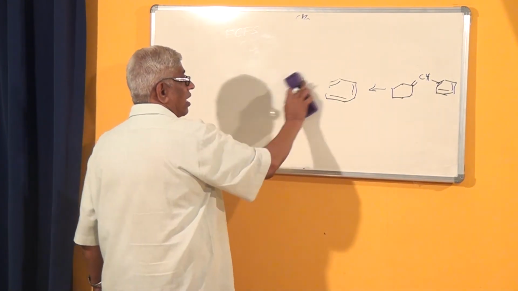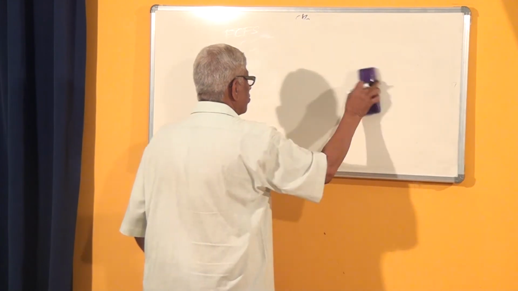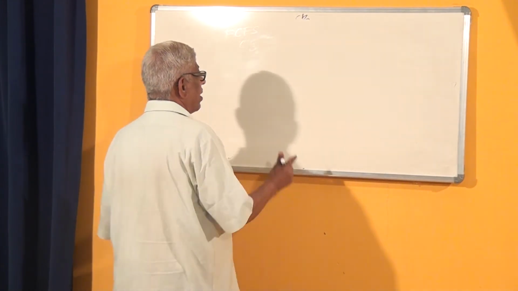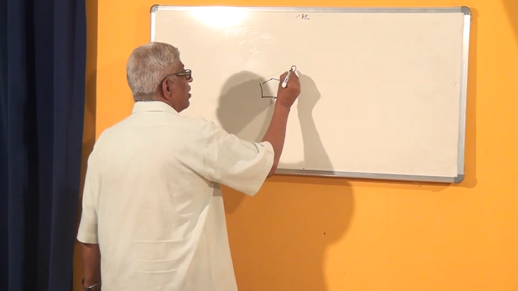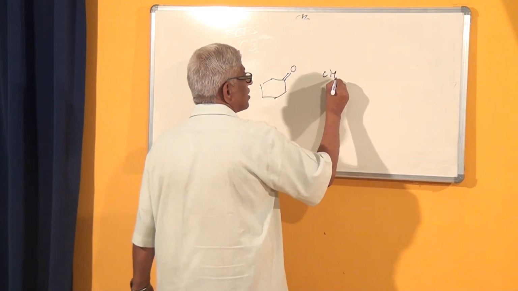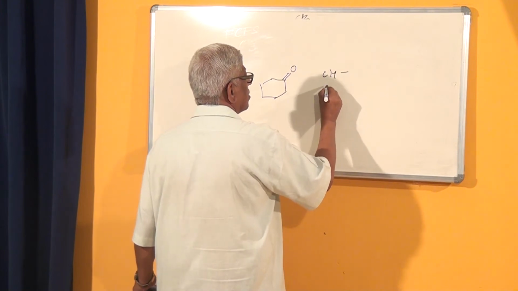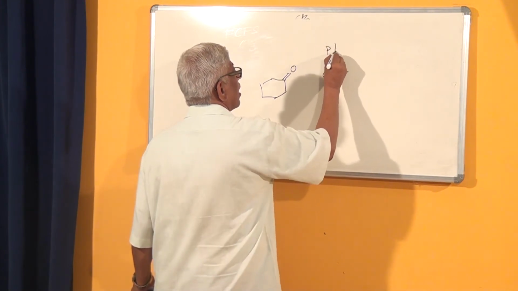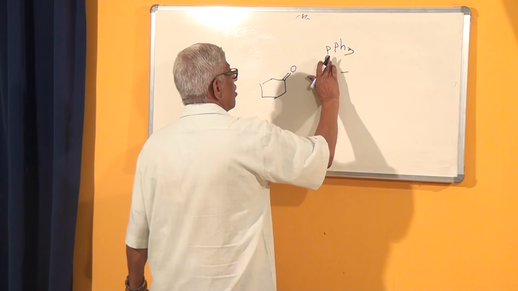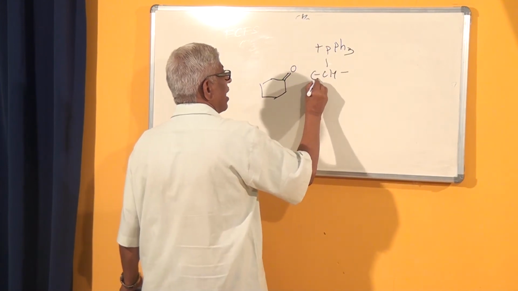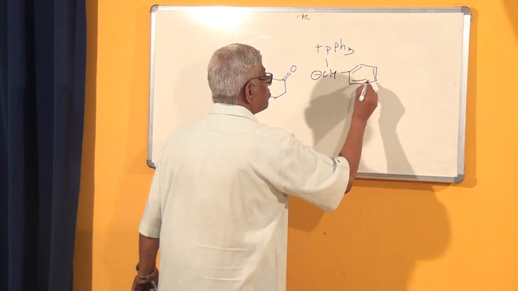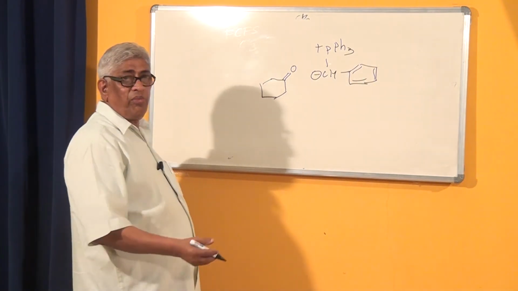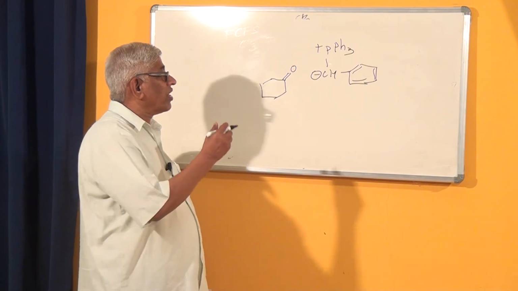Just as the other one, the Wittig reaction also can be made use of. Here we make use of the same ketone, and the Wittig reagent is CH double bond triphenyl phosphine, that is P plus, CH minus and a phenyl group. It can be prepared from benzyl bromide and triphenyl phosphine.